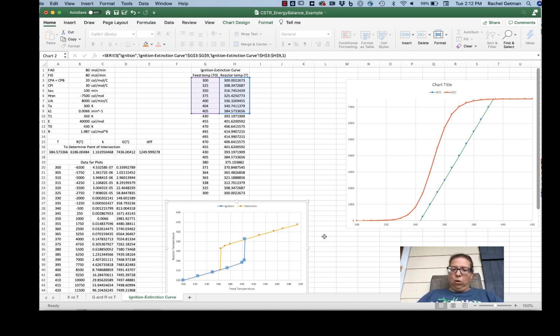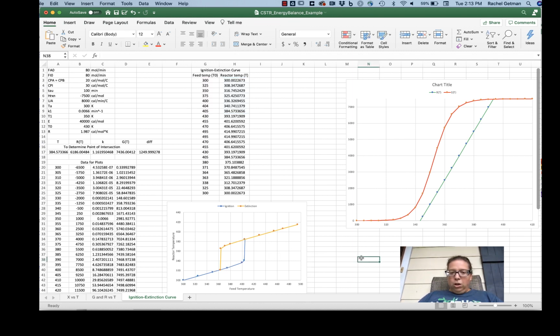And once I have my ignition temperature, I want to go 1 degree hotter. That's going to give me this jump. So this is the point I need to illustrate on my ignition curve, is this right here. So if I change the temperature to 405 degrees, all of a sudden I'm now operating at the upper steady states.